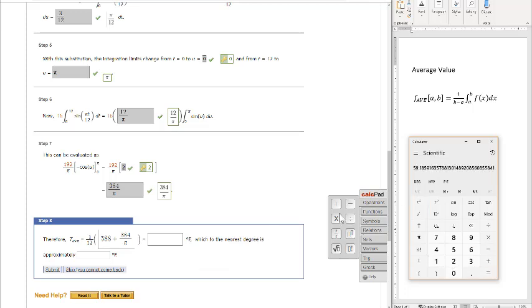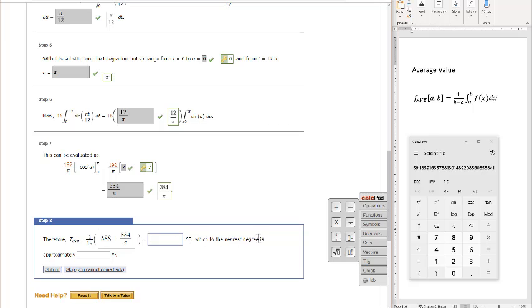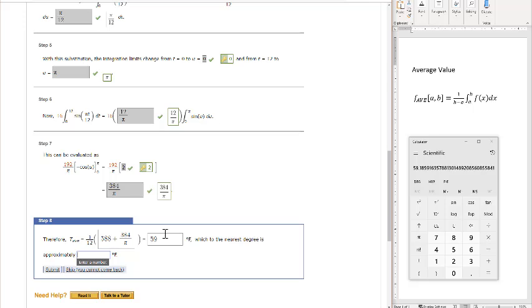And then to the nearest degree, this looks like it's going to be 59 degrees, which is approximately 59 degrees.